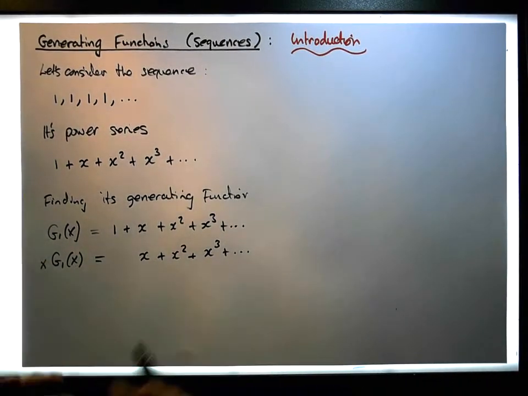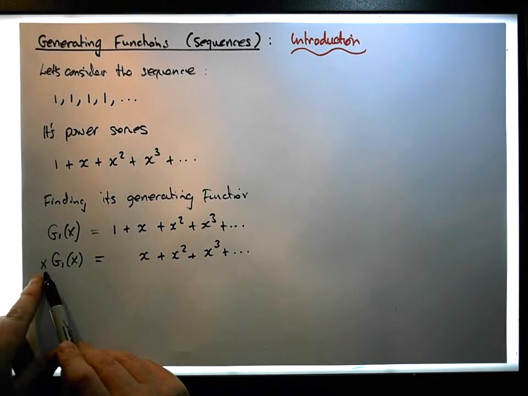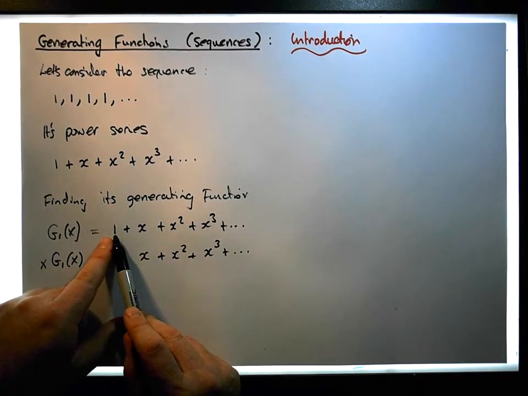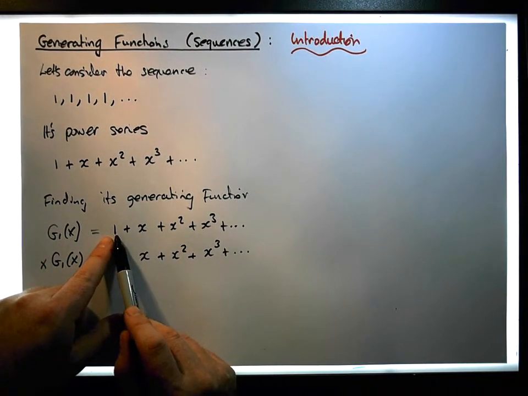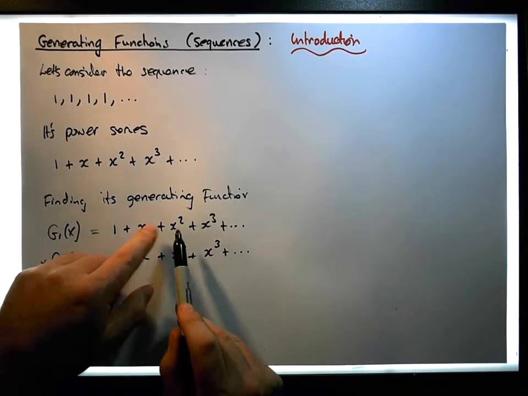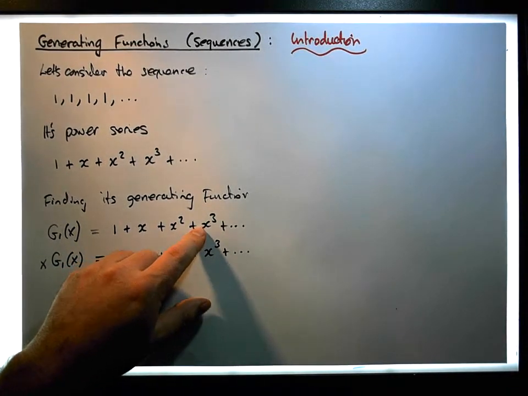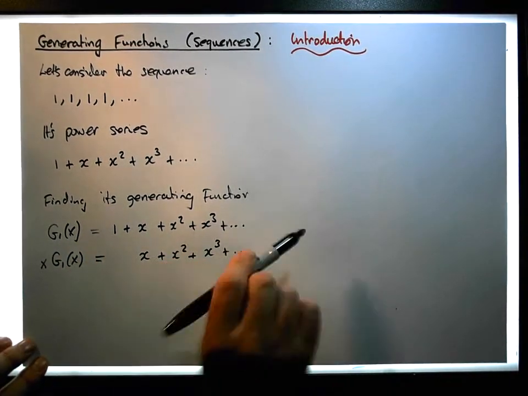So multiplying the original power series by x had the effect of shifting every term in the series on by one. The 1 went to an x, the x went to an x squared, the x squared went to an x cubed, the x cubed goes to an x to the 4, and so on. And this is an infinite series.